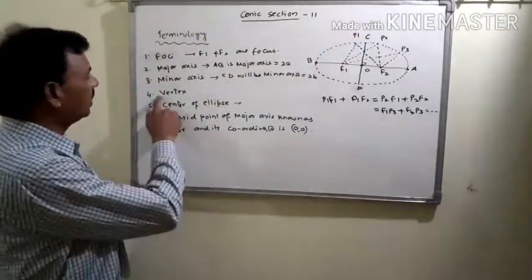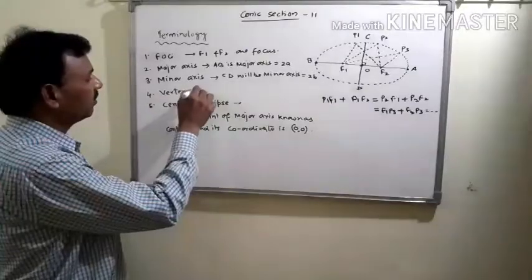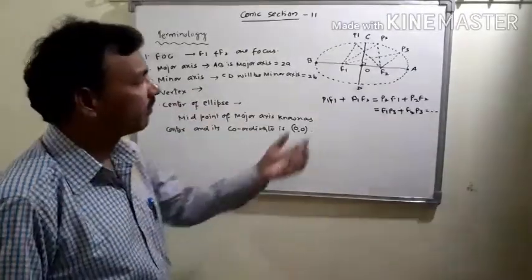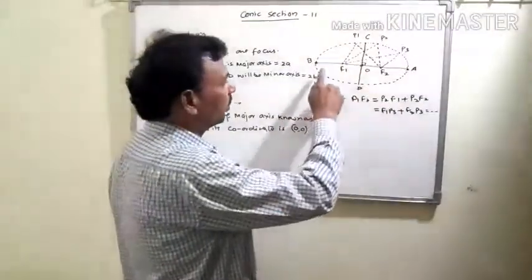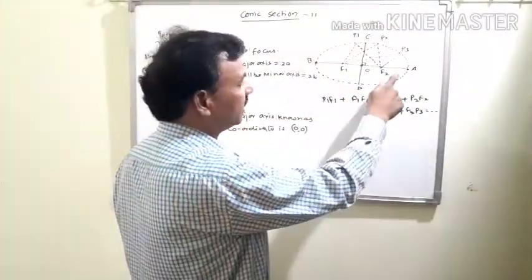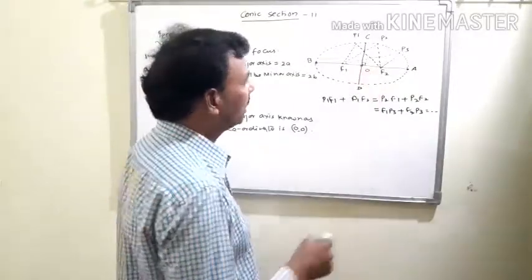Now, what is the vertex? Both end points of the major axis on the ellipse are known as vertices.